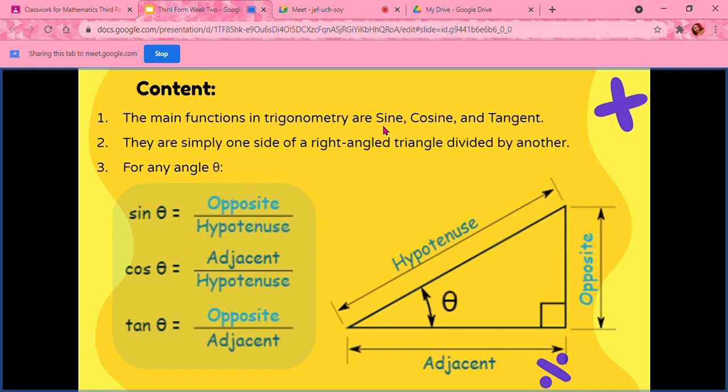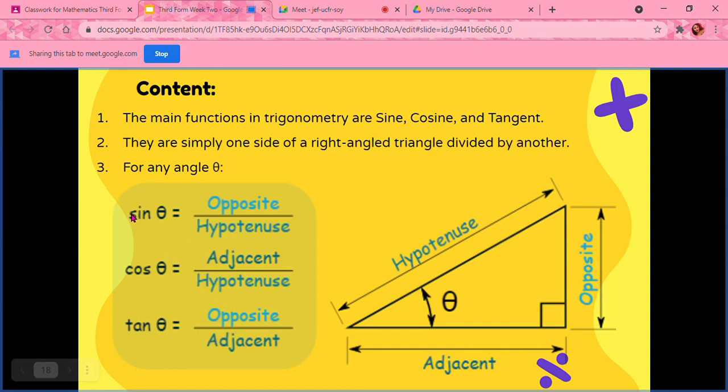So sine, we do spell it as S-I-N-E, but it is acronymed as sin. Cosine, C-O-S-I-N-E, but we do write it as cos theta. And then tangent, T-A-N-G-E-N-T, we write it as tan theta.